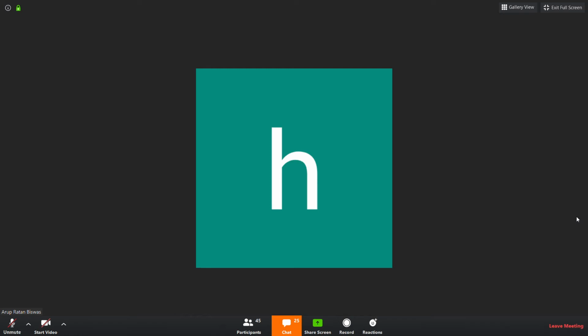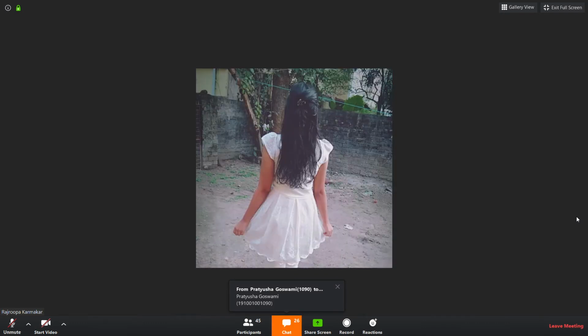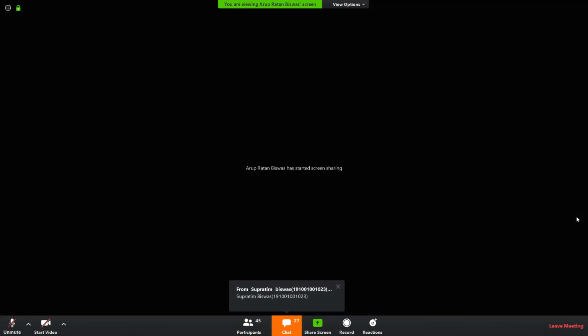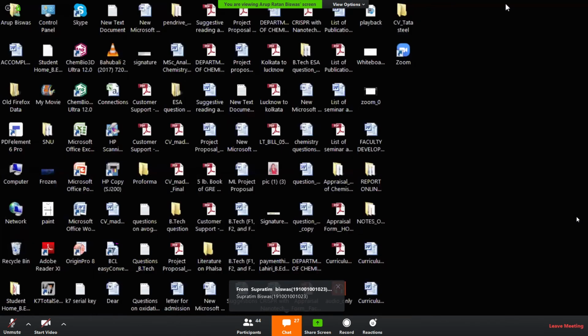This numerical is based on the theory of the entropy of mixing. If you go back to the page on entropy change during mixing, page number 667, this is based on this portion. Do you understand?